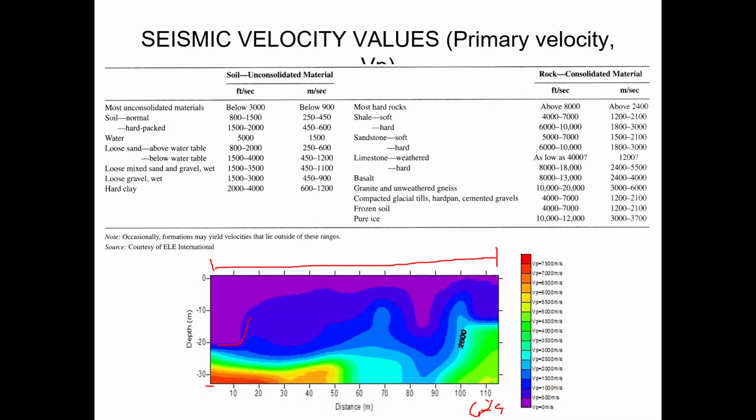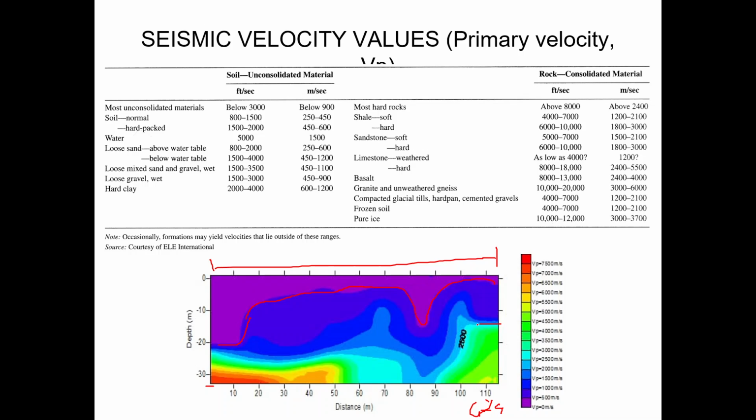So, for example, here less than 500 is for these purples. Then you have around, let's say, up to 3000. 3000 is blue.